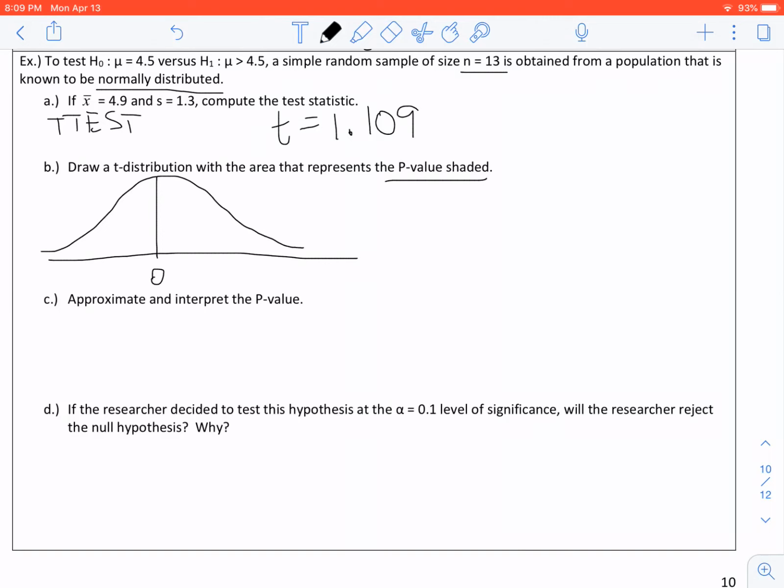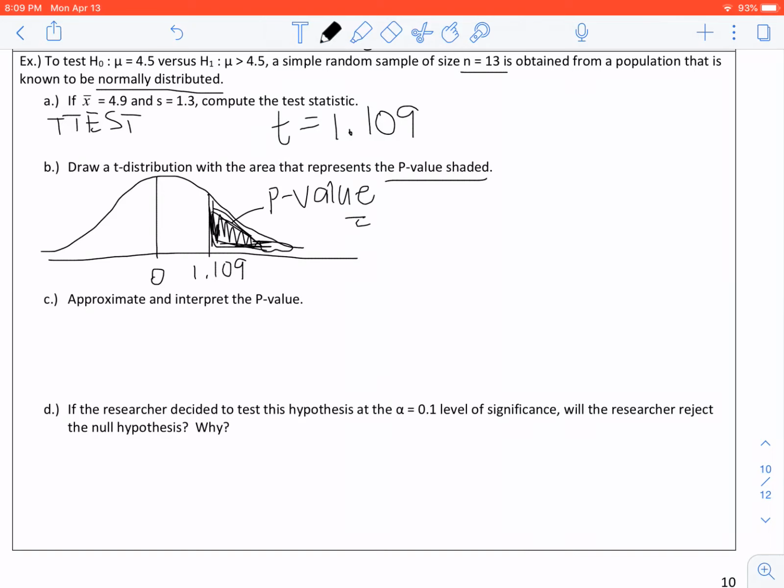Our test statistic is 1.109, which is somewhere on the right of the mean. And then this area that is shaded to the right, over here in our right-tailed test, is equal to our p-value.